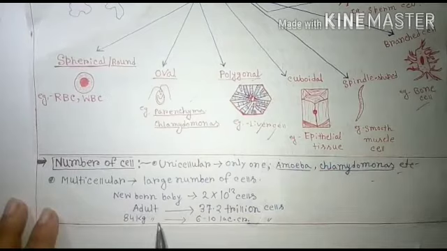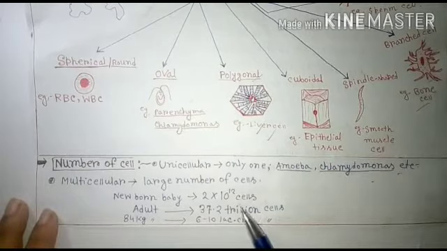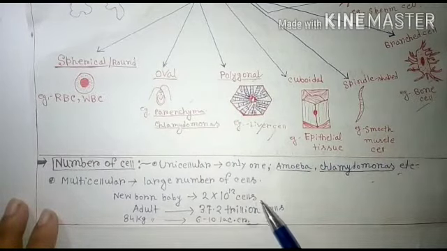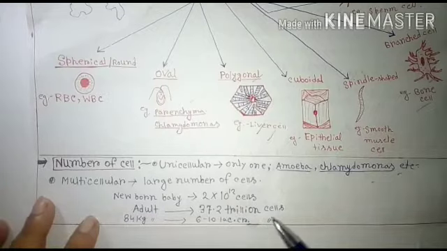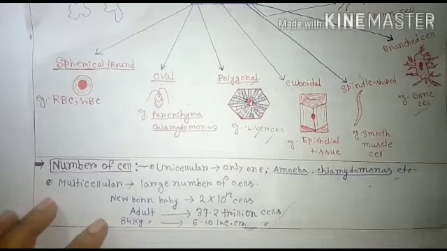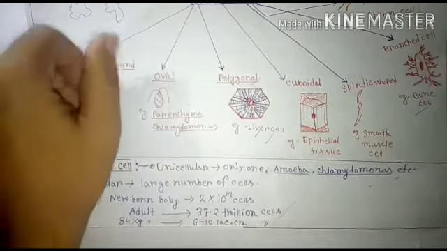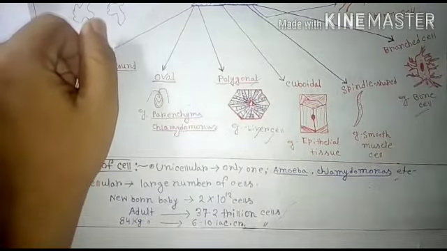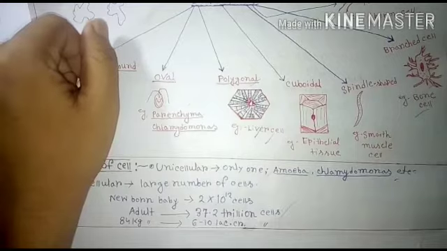For example, a newborn baby consists of 2 into 10 to the power 12 cells. In an adult, 37.2 trillion cells are present. Suppose a human who is 84 kg in weight consists of approximately 6 to 10 lakh crore cells.